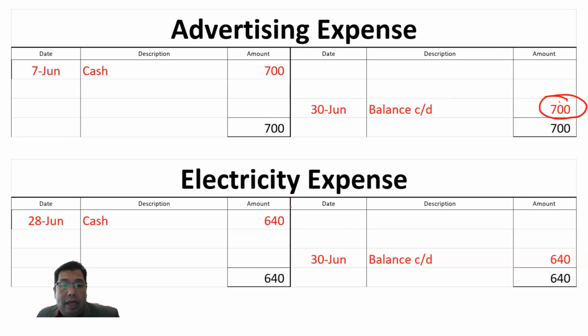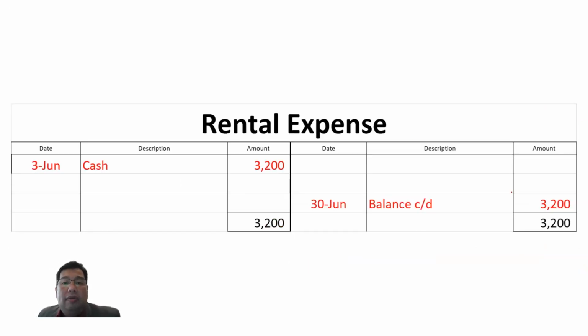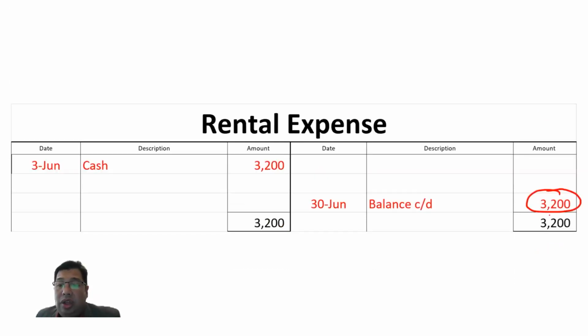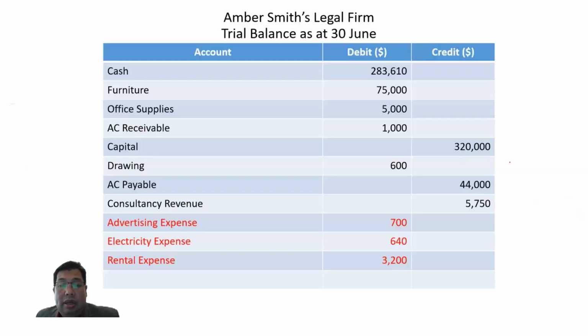Your electricity expense balance is 640, and for rental expense the balance is 3,200. So we have closed all the accounts. We only have three expense accounts. So I want you to transfer all these figures, 700, 640, and 3,200, to your trial balance.